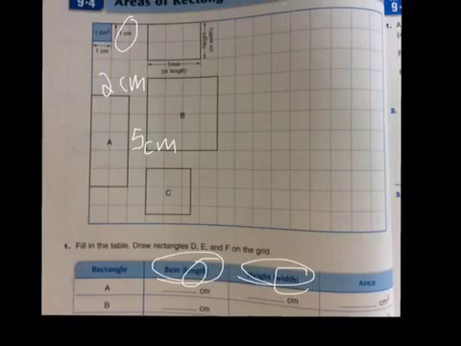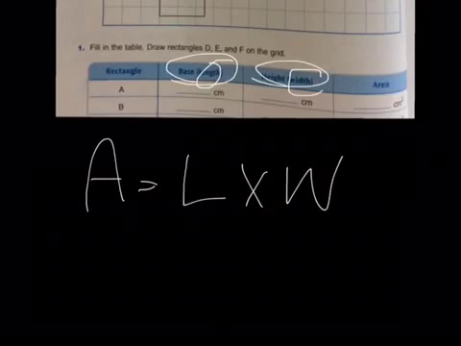And I want you to go ahead and write down what your length is and what your width is right down here. Now, as I explained before, use the formula area equals length times width.